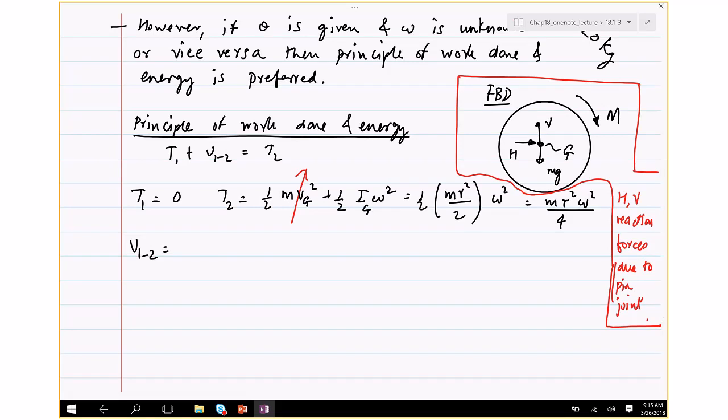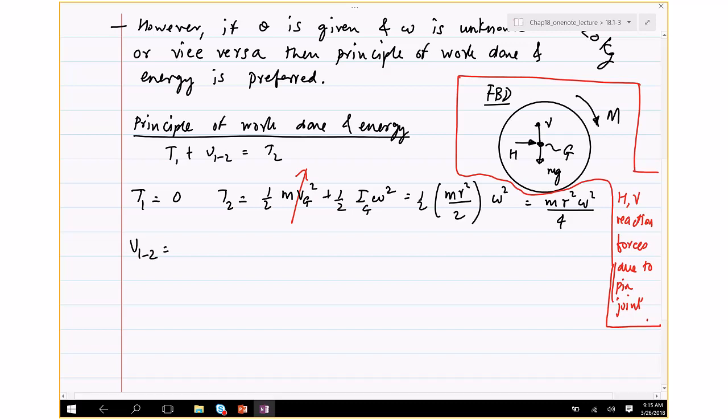There are one, two, three, four forces. Well, one is a moment, but that's also like a force, right? So we need to find the work done due to those forces. Work done due to mg is mg times the displacement of G. Displacement of G is clearly 0 because it's only spinning. So work done by this force is 0.